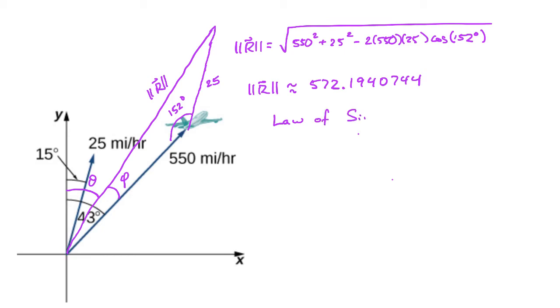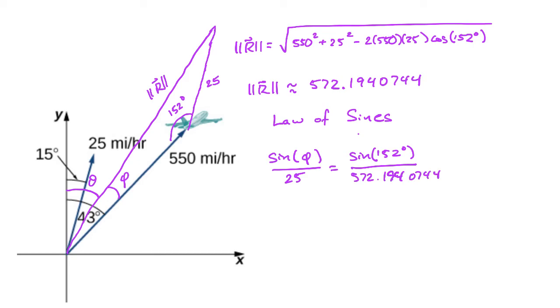From our law of sines, we know that the sine of phi divided by the length of the opposite side, 25, is equal to the sine of 152 degrees divided by the magnitude of our resultant, 572.1940744.